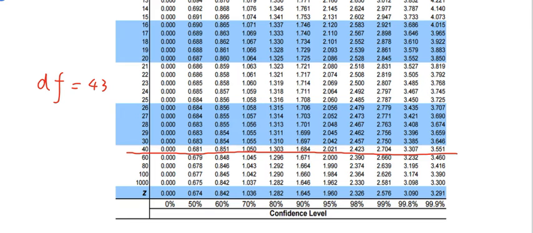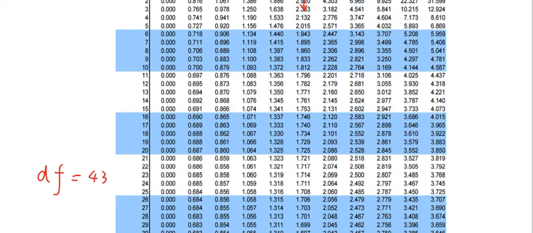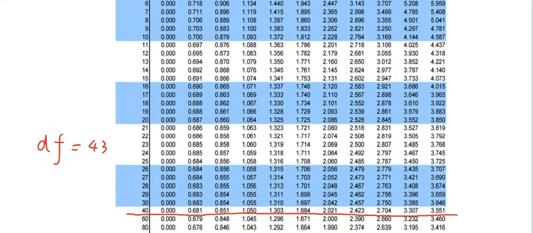And since it is 1 tail, we check 1 tail 0.005, so we check this column. We find this number is 1.684. So this is the critical value.